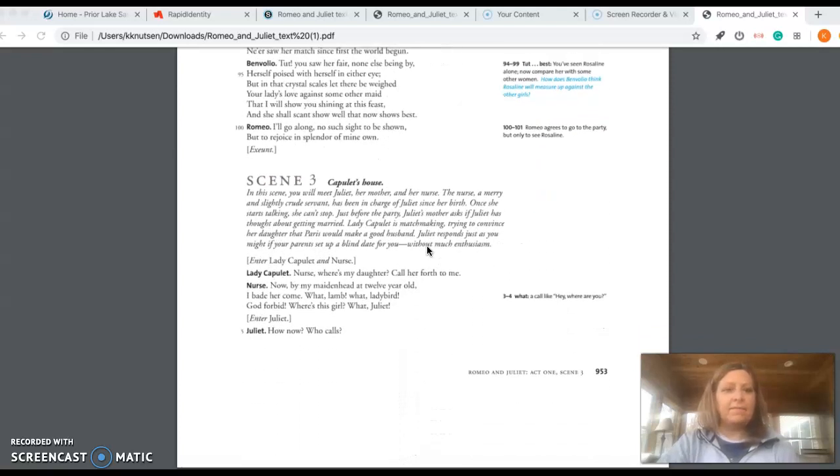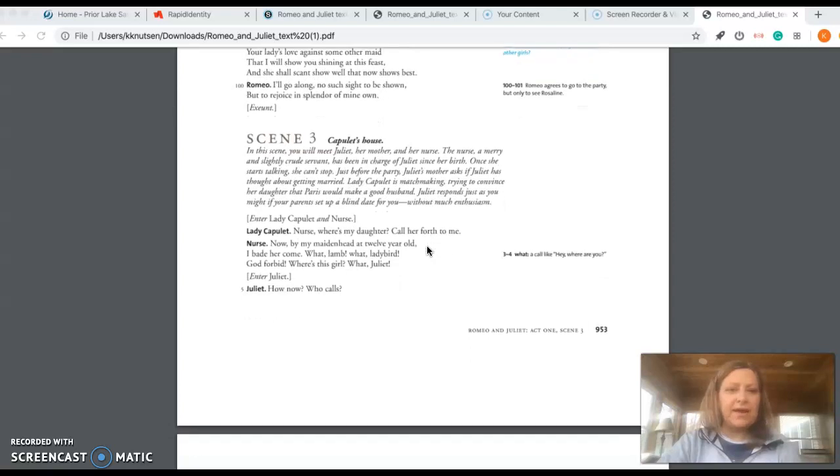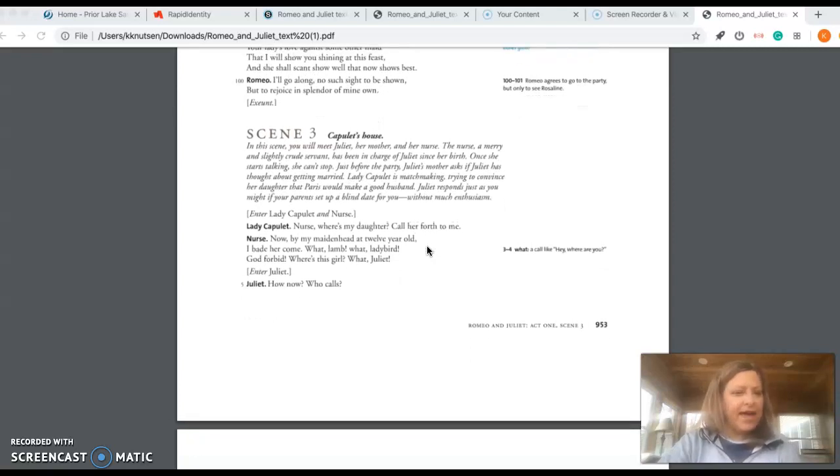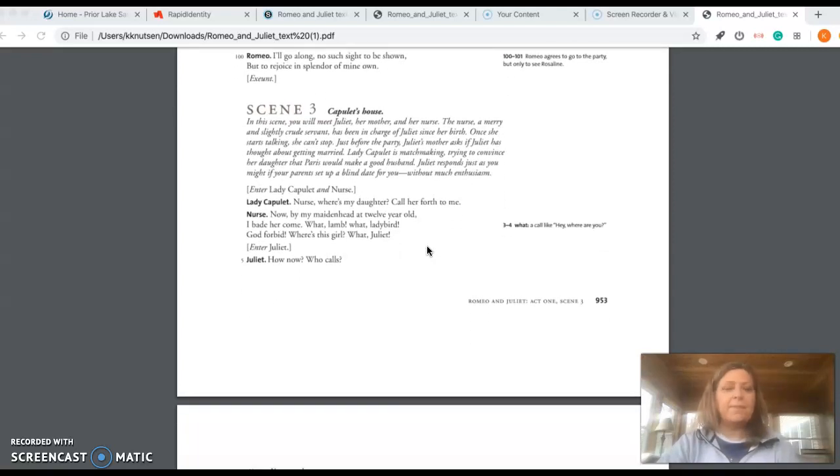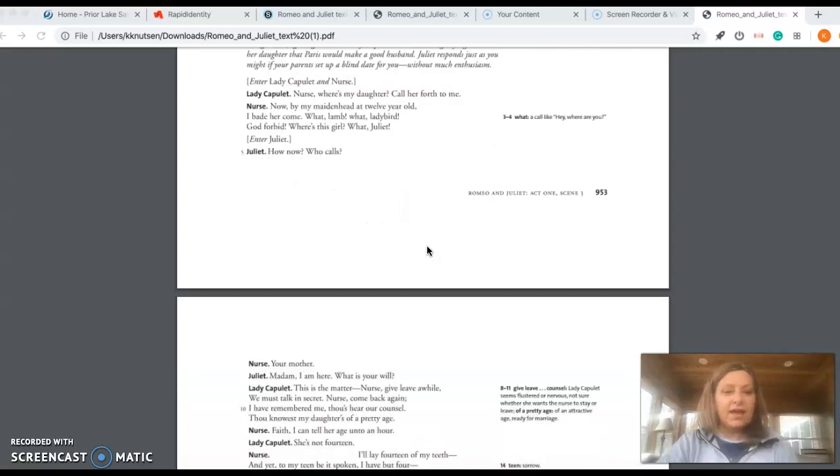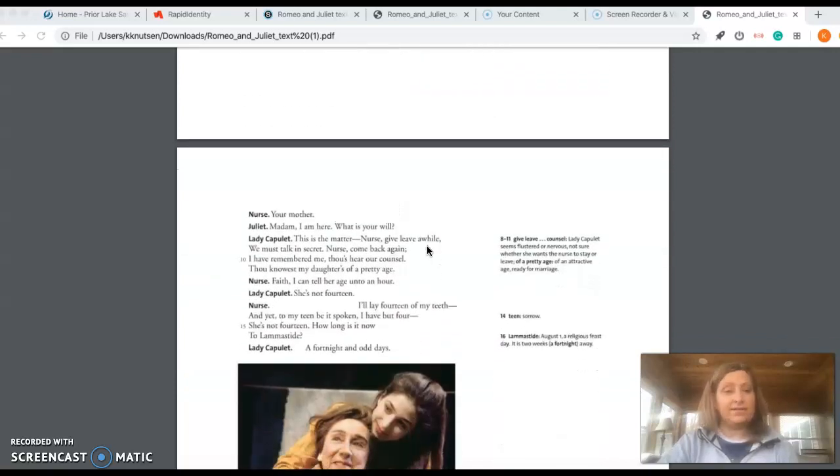And then you're going to read Act 1, Scene 3, and you're going to meet Lady Capulet and Juliet for the first time, and the nurse. Lady Capulet is very formal, very distant. The nurse, on the other hand, is hilarious.